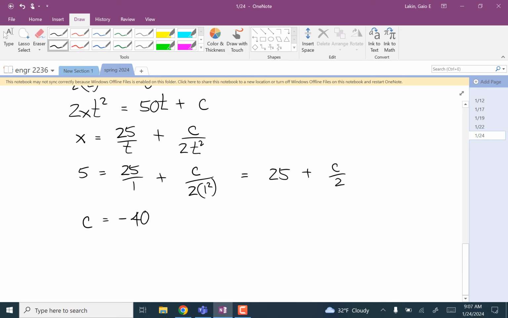And now x of t is equal to 25 over t minus 20 over t squared, just like we got before. It's the same answer. Any questions about that one?